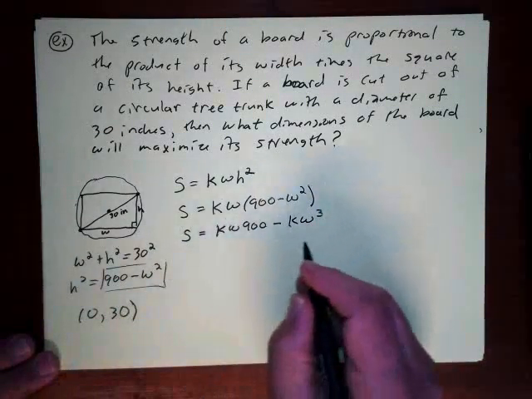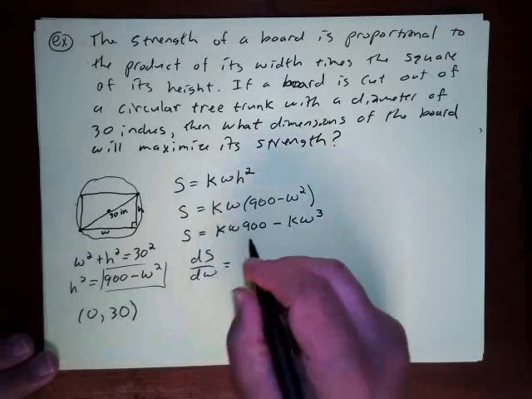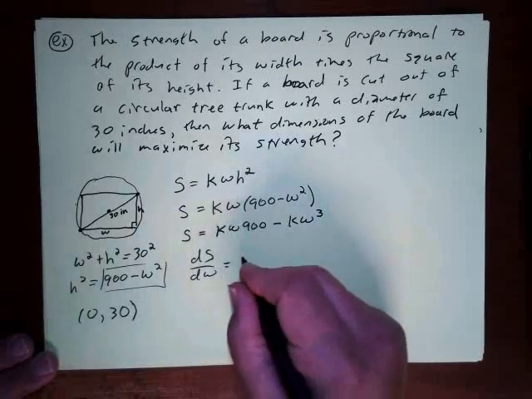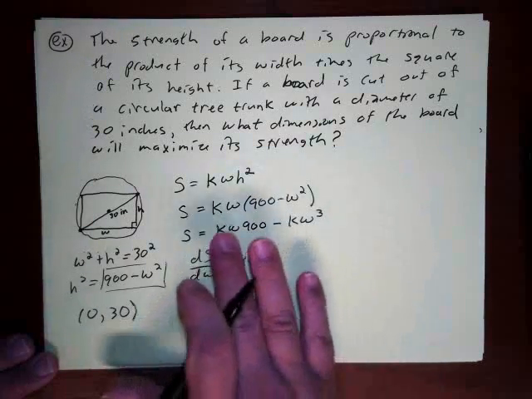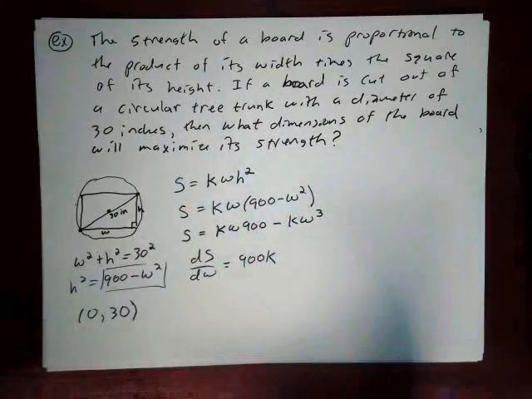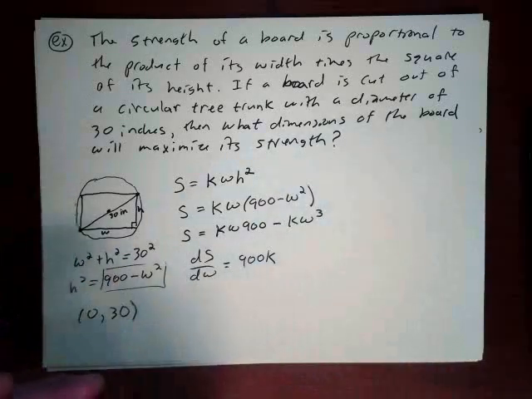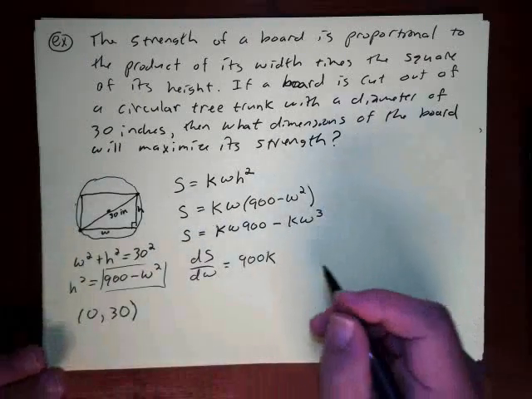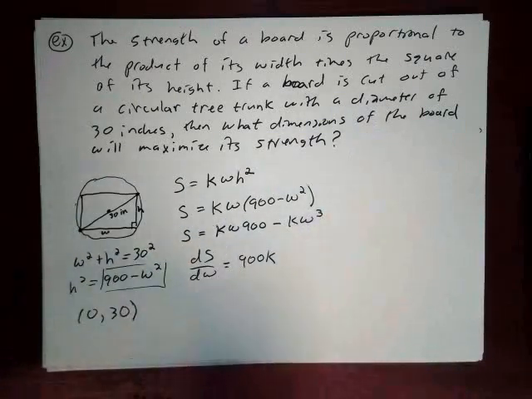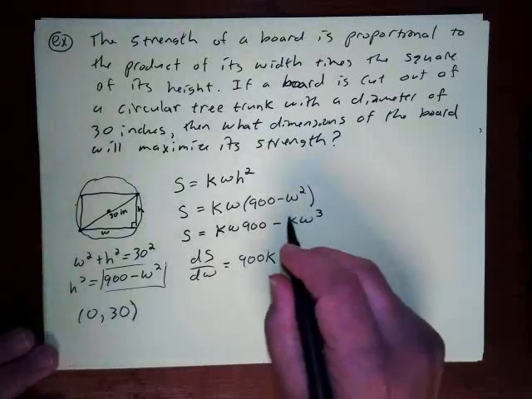Now let's take the derivative, dS/dW. What I get here is 900k, which is a constant, because k is the constant of proportionality, and we don't know what that is. Fortunately, we're not going to need to know what the constant of proportionality is in order to find the dimensions of the board that maximizes the strength.